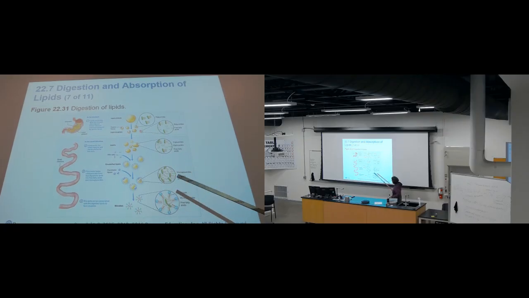And then in the bloodstream, these will be absorbed. And then you have the formation of micelles, which will be the monoglycerides and the free fatty acids surrounded by bile salts.